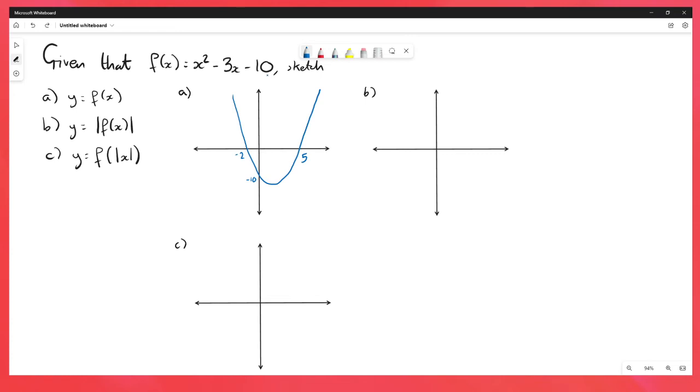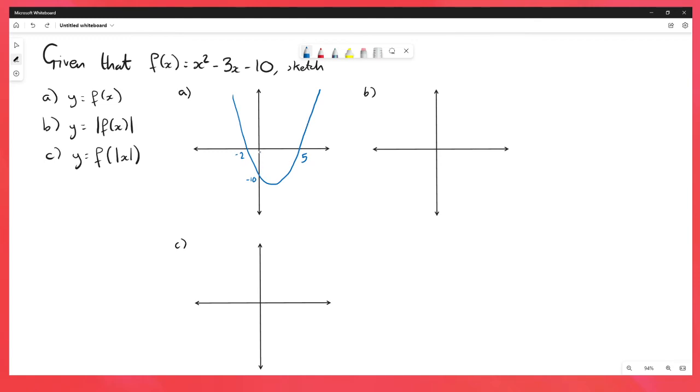So we're getting an answer and then making it positive. So here at 5 and -2, the answer is 0, so they're going to be the same. Here at 6, we can see the answer is positive.